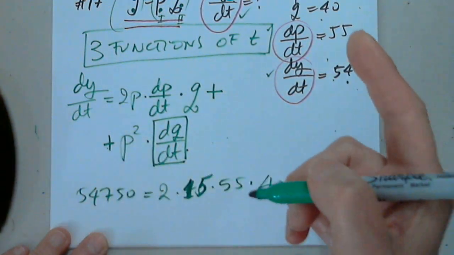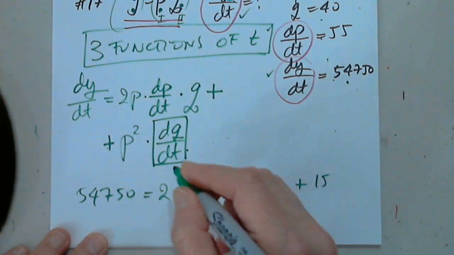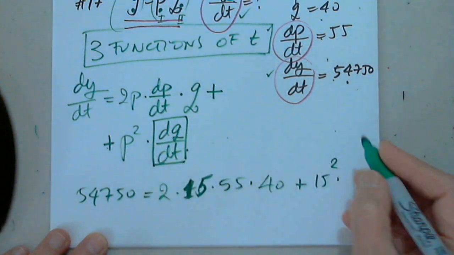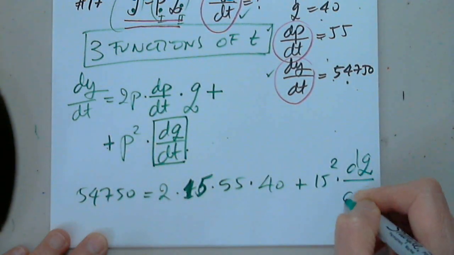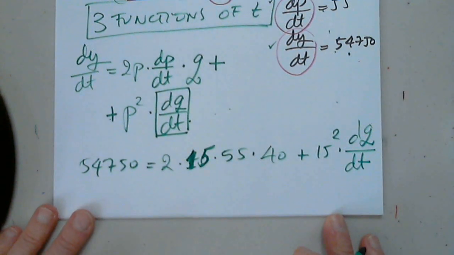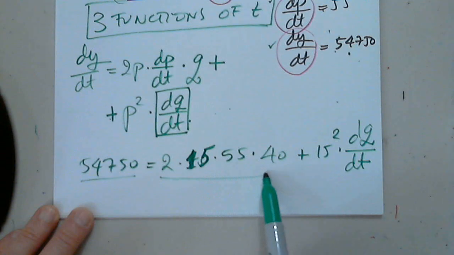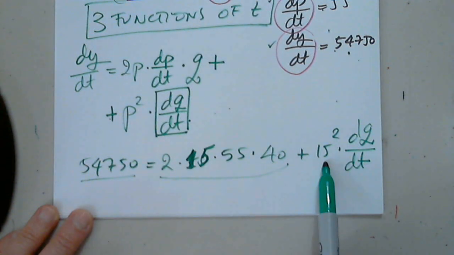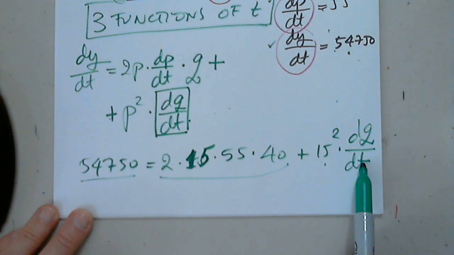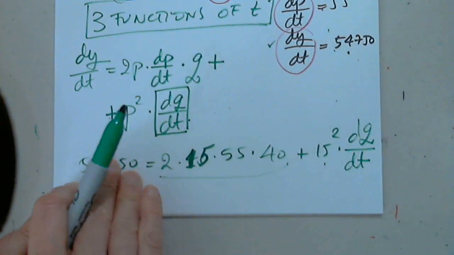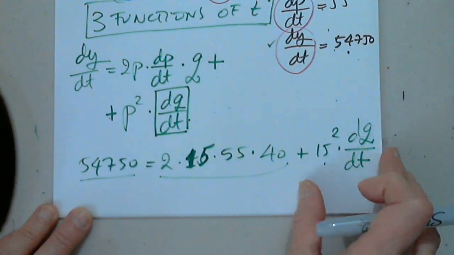Plus p again, 15, but squared, times the unknown, dq over dt. So, I'm going to have this minus all this and divide by 15 squared to get this. So I move this to the other side and then divide by 15 squared.